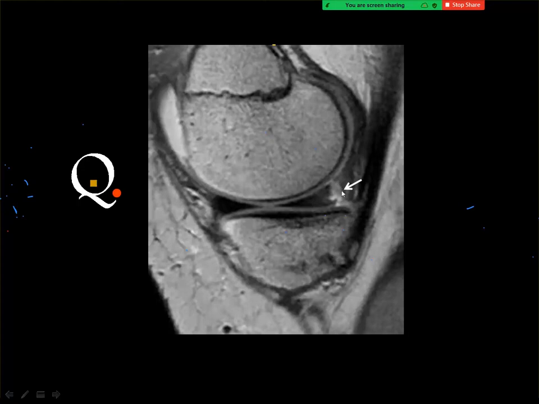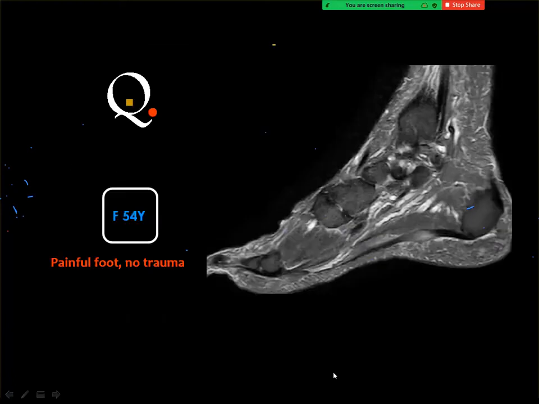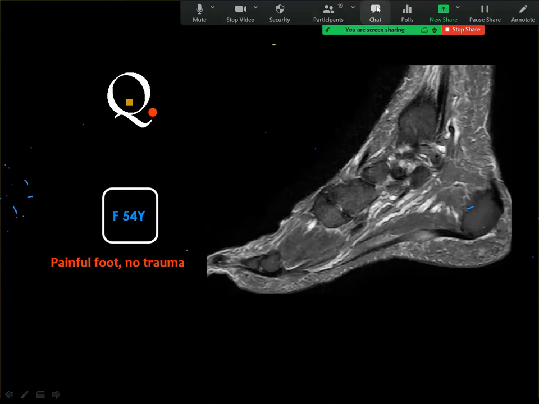The defect is filled by fluid signal, and this is the meniscocapsular separation, which is known now in the literature as ramp lesion. Then if you are confronted in the exam by this ramp lesion, you know that this is nothing but meniscocapsular separation of the posterior horn of the medial meniscus. Next case.